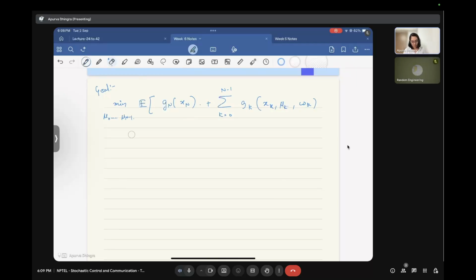So far what we saw was the situation where mu k started from the space of states, and we were getting some action corresponding to it.